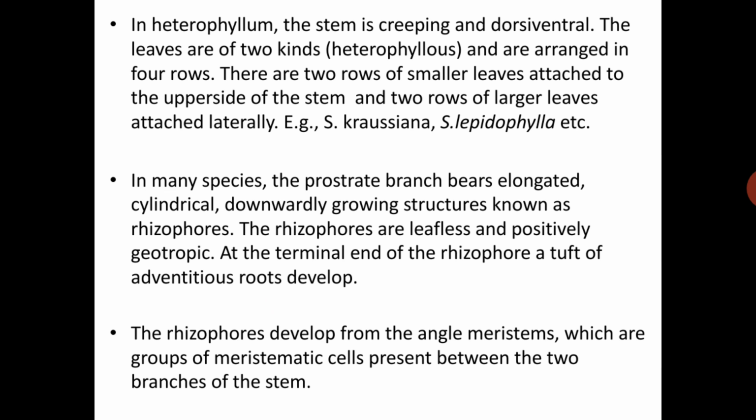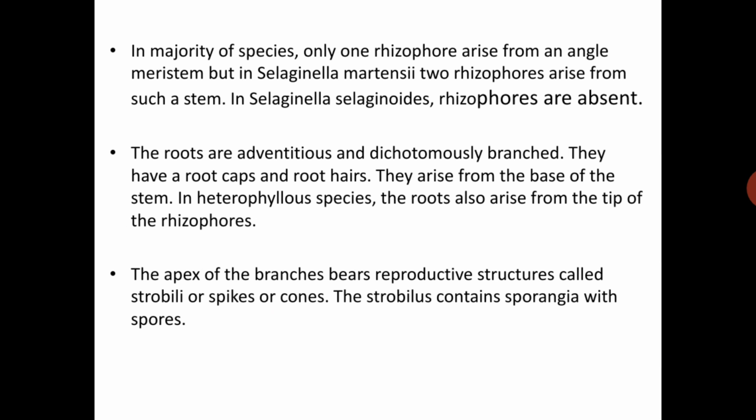The rhizophores develop from angle meristems, which are groups of meristematic cells present between the two branches of the stem. In the majority of species, only one rhizophore arises from a single angle meristem, but in Selaginella martensii, two rhizophores arise from such a stem. Right.